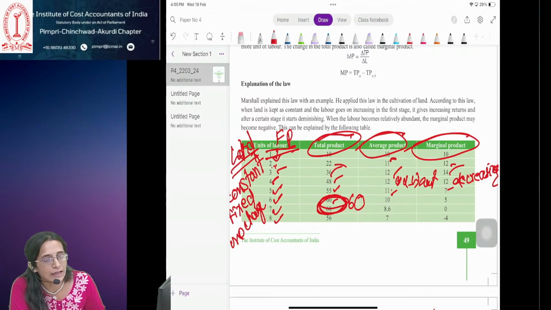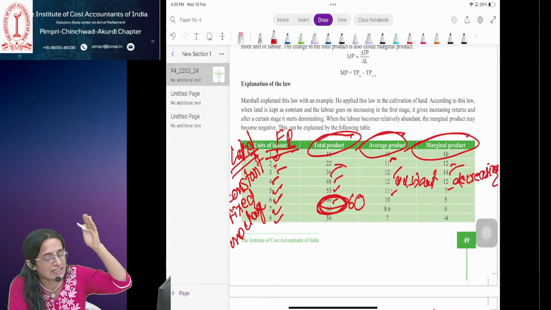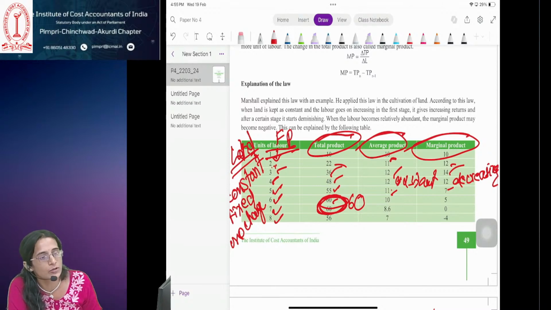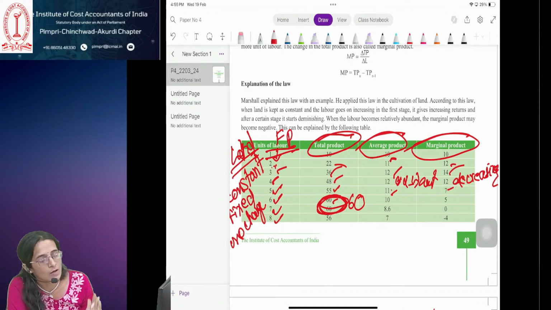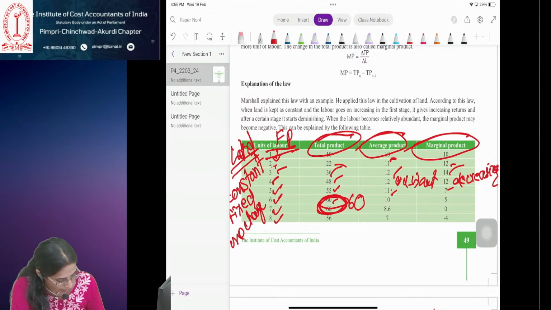We discussed, right, when the total utility reaches a peak, what happens to the marginal utility? It becomes zero and intersects the x-axis at the 0 point. The same is here. When the total product is at a peak stage, which is 60, the marginal product becomes zero.